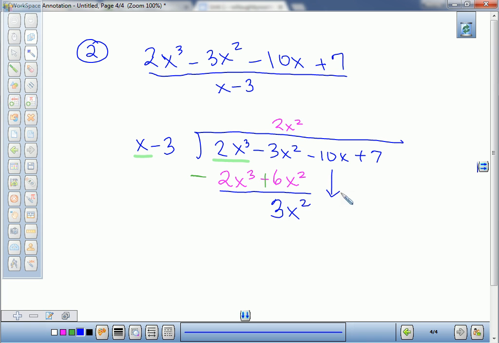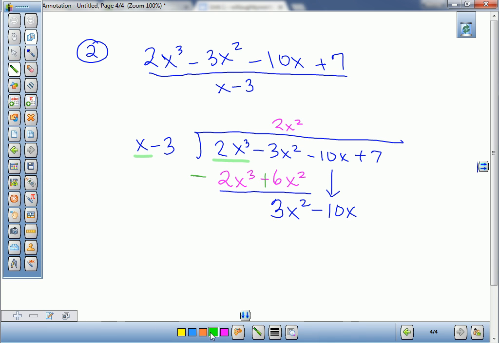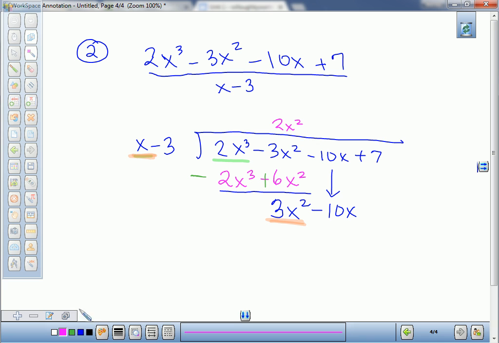Then we bring it down. What do I multiply x by to get 3x squared? 3x, and it's a positive 3x.